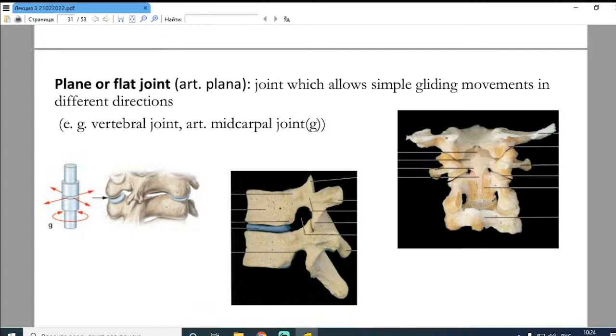Plain joint between the superior and inferior articulation of the atlas and axis vertebra.